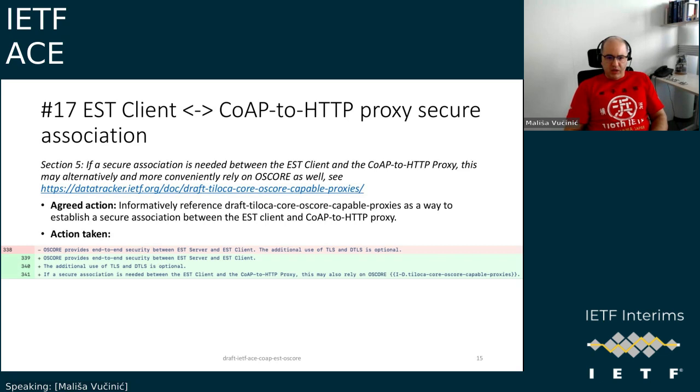So we agreed in the previous meeting to informatively reference this draft as a way to establish a secure association between the EST client and CoAP-to-HTTP proxy. The first two changes are just the sentence being brought to a new line, and then the new sentence reads: if a secure association is needed between the EST client and the CoAP-to-HTTP proxy, this may also rely on OSCORE, referencing Marco's draft.